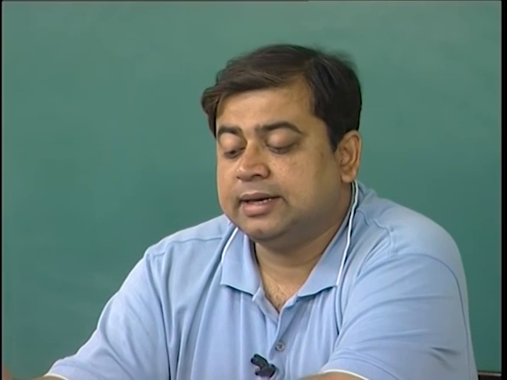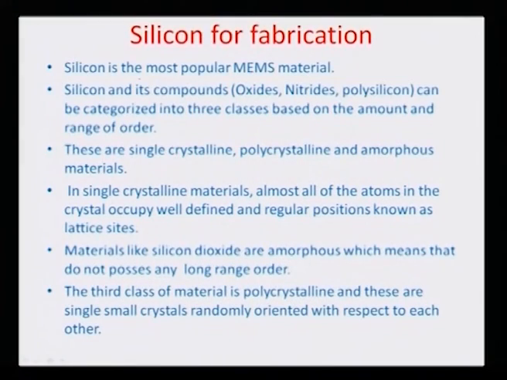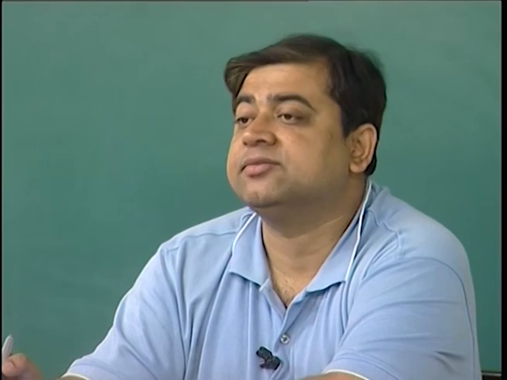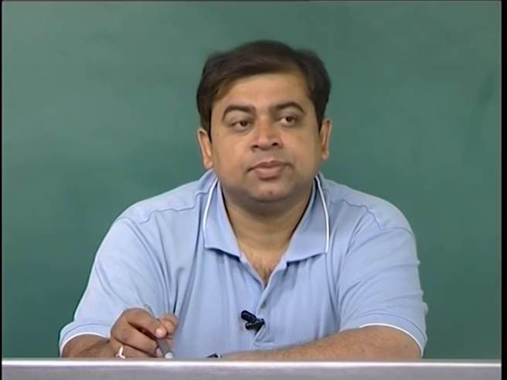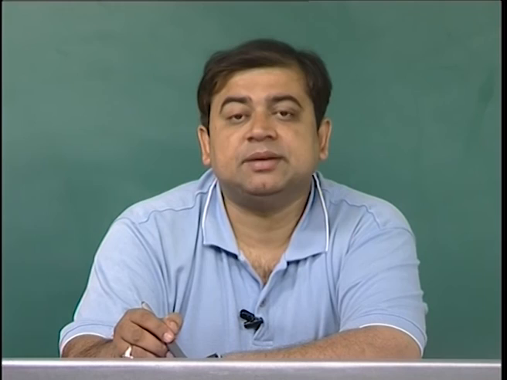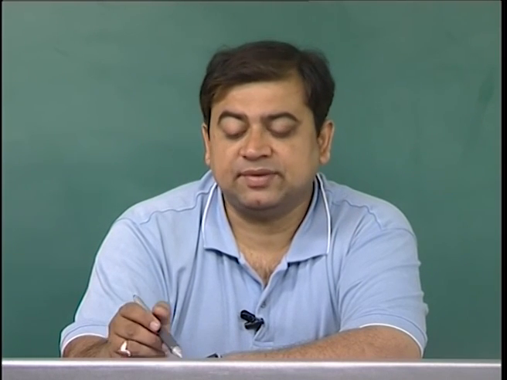Silicon, of course, is the most popular MEMS material obtained so far, and silicon and its compounds, a variety of compounds like oxides, nitrides, polysilicon, etc., can be very amenably used for microsystems fabrication.